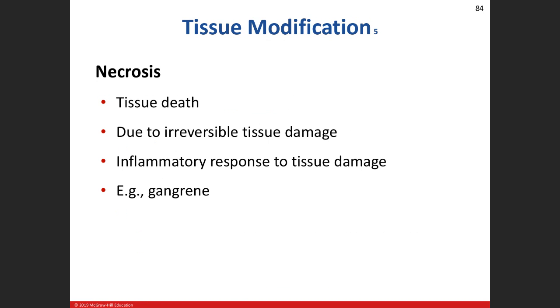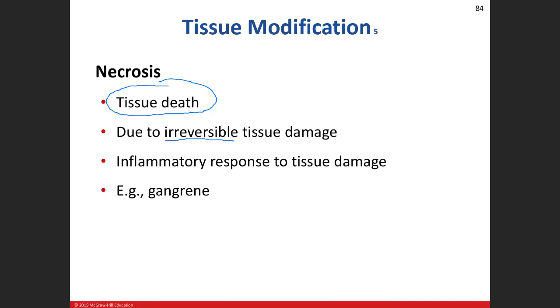This term you need to be familiar with: necrosis. That is tissue death. In a lot of cases, that is going to be irreversible. Gangrene is an example of that. It usually starts with inflammation. So you can get that with frostbite, and if the frostbite gets bad enough, you can get gangrene, and the tissues will start to die.